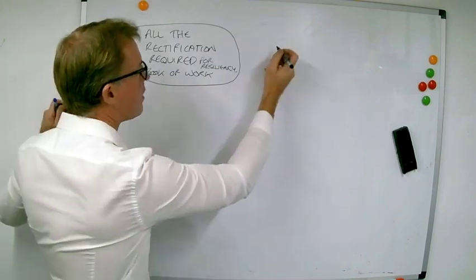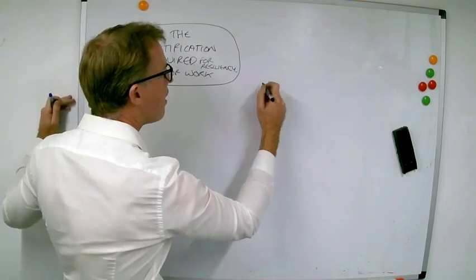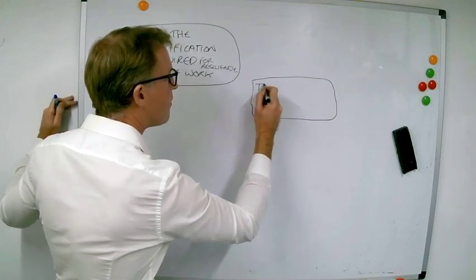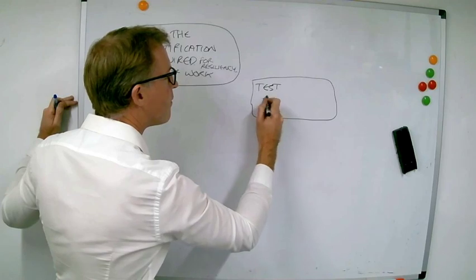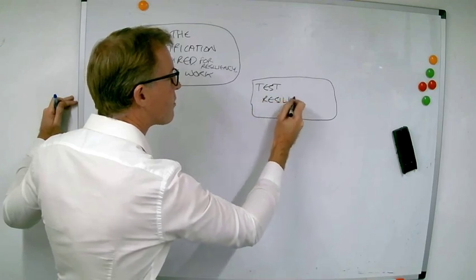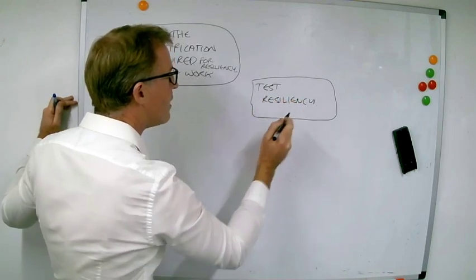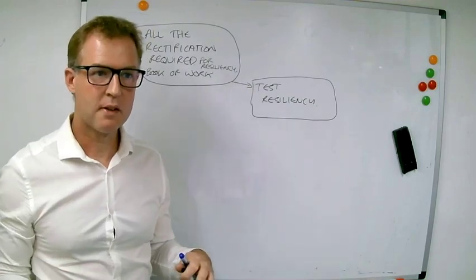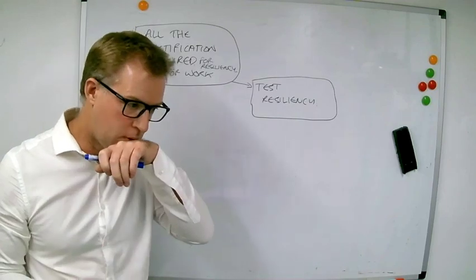And what I'll do is I'll sort of draw it here, this makes more sense. Then you've got test resiliency. Now, it makes sense that you test these processes as processes.